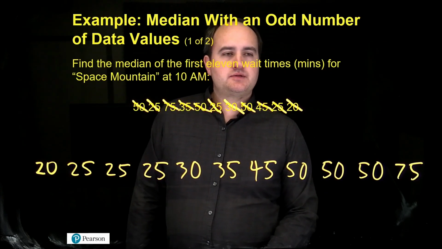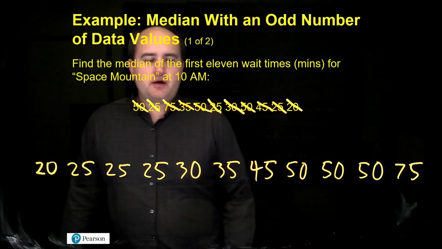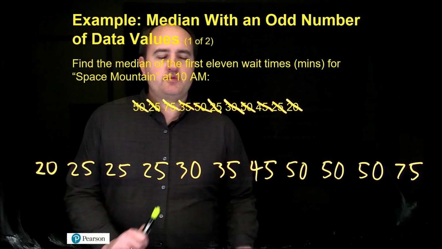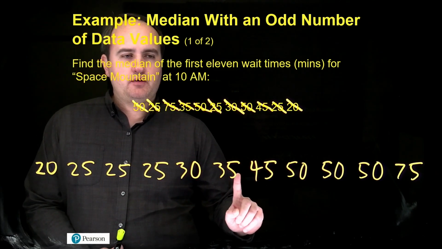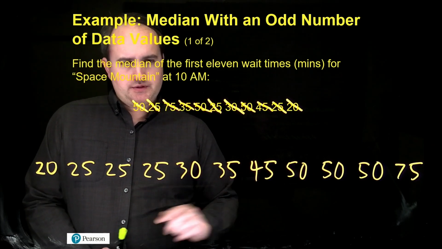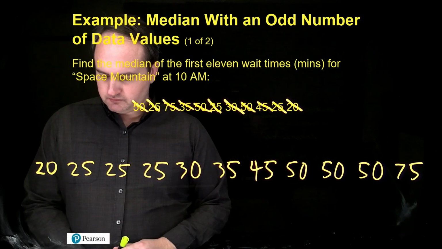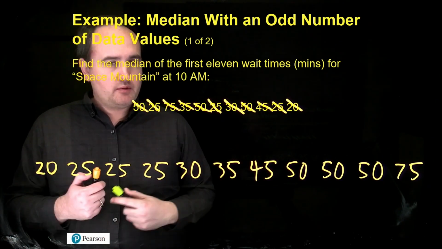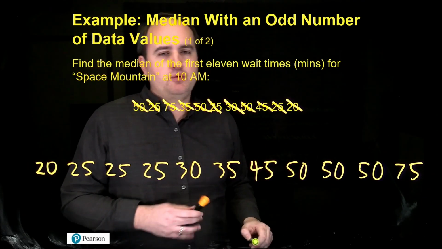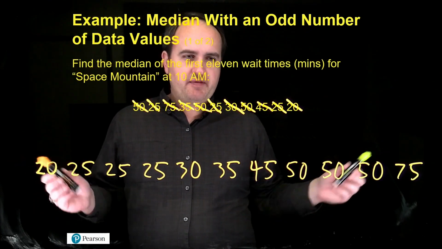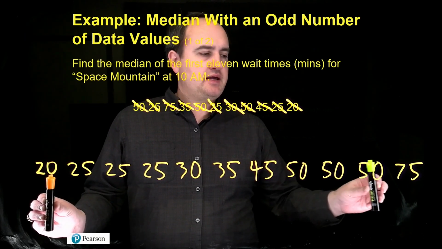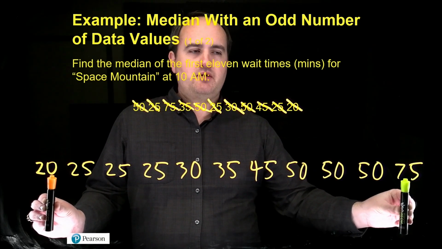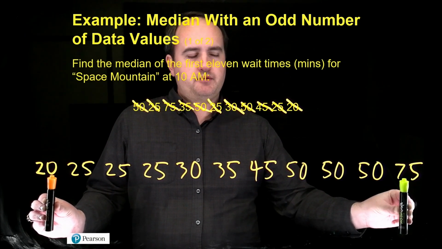So here, because 11 is an odd number, then we just look for the middle here, which, the best way to find the middle would be my way of finding the middle, which is, especially when you don't have that many data values, you could just start on the ends and then just count in by 1 until you reach the middle.